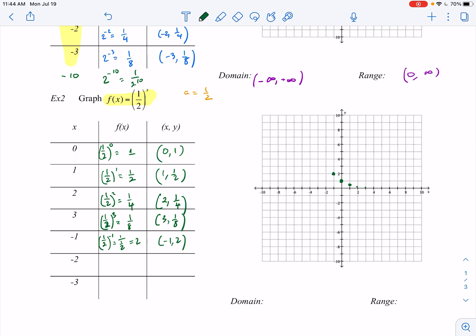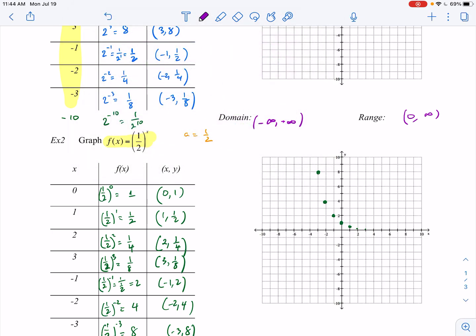When x is -2, 1/2 to the -2 is going to be 4, so (-2, 4) right there. And for an exponent of -3, it is going to be 8, so (-3, 8) is up here. So there it is, that's our graph. Let's go ahead and connect this and see what it looks like and compare that to the previous graph.